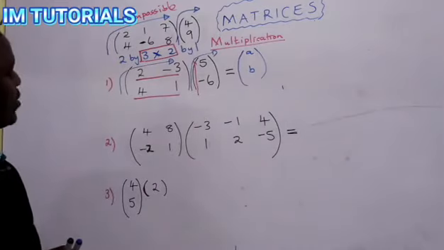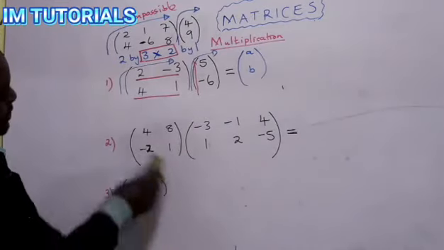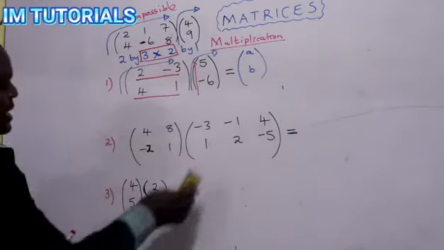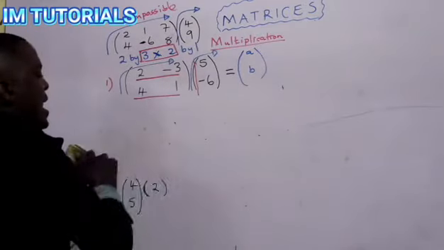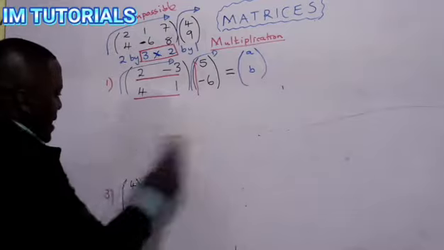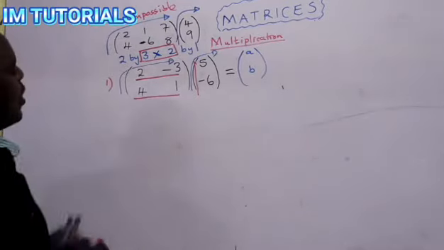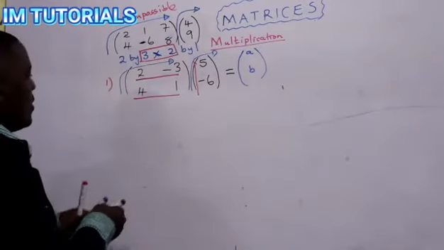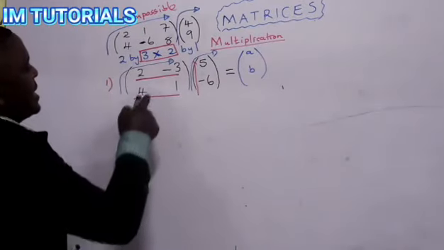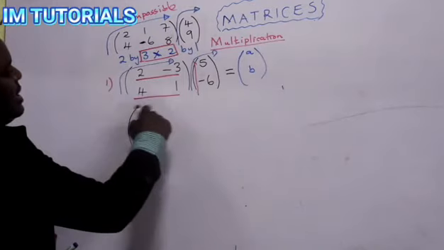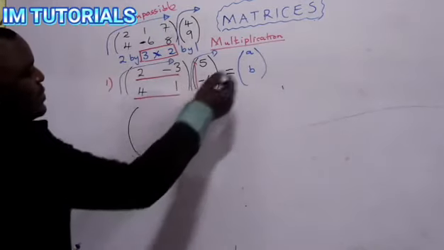Row by column. Right. I'm going to rewrite these matrices so that I can have enough space. Row by column. So the first row is going to be multiplied with this column to get A.